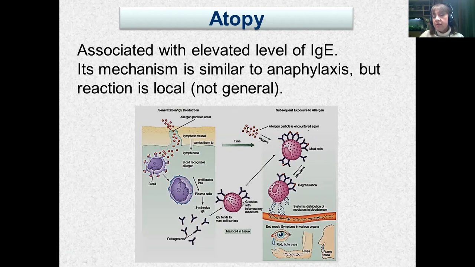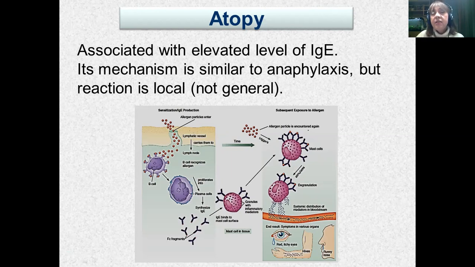Then comes the next contact with the same allergen. It reacts with specific immunoglobulins E at the surface of mast cells. Mast cells release histamine and heparin and damage some organs, causing conjunctivitis, runny nose, skin rash, and other symptoms.